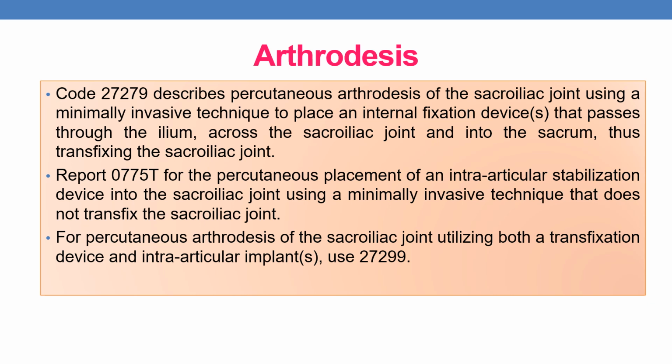And for percutaneous arthrodesis of sacroiliac joint utilizing both a transfixation device and intra-articular implant, then you need to code 27299. Then the CPT is 27299.